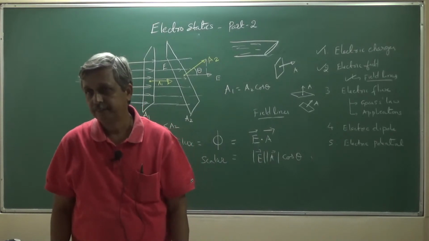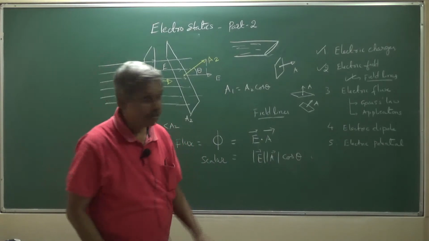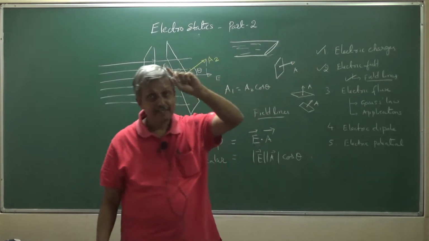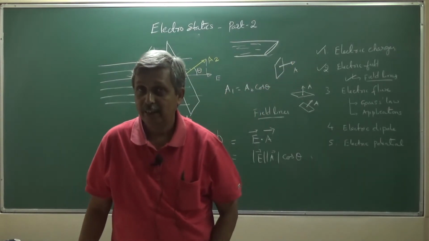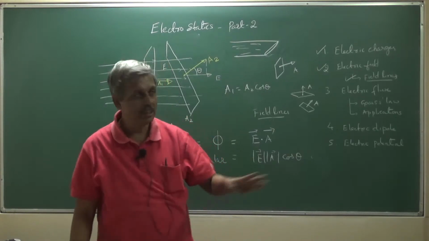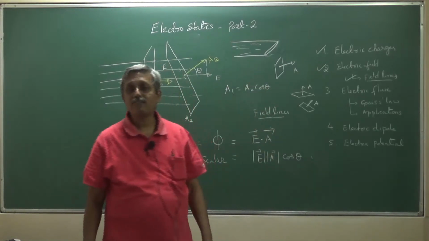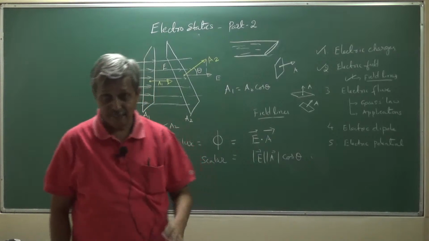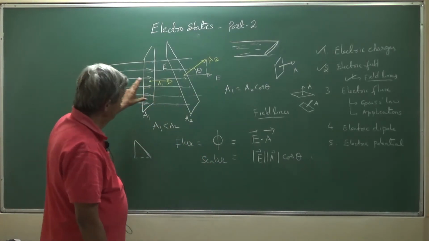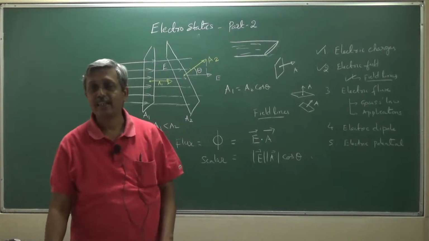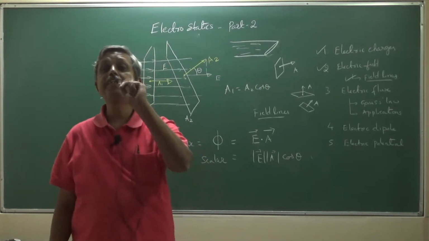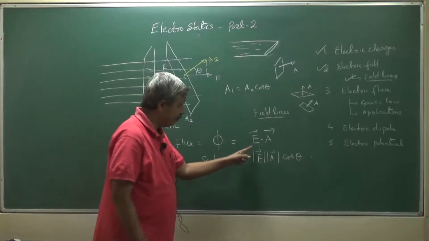Think about it. The same water comes out, so I will still get the same amount of water. That is called water flux. Just because you have cut the pipe in a different way, the water flux does not change. In the same way, if we keep the area at a different angle, the amount of electric flux through that area is not going to change. And hence we use the dot product. That is the reason we use a dot product.